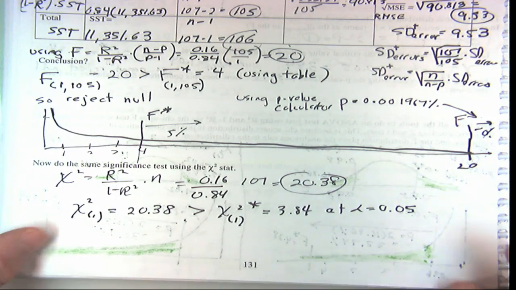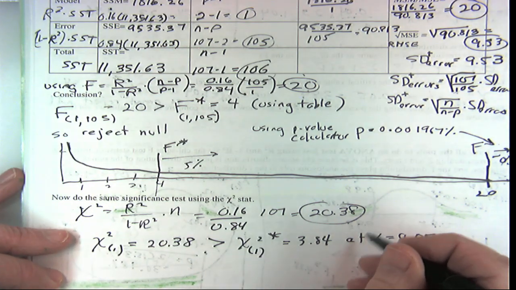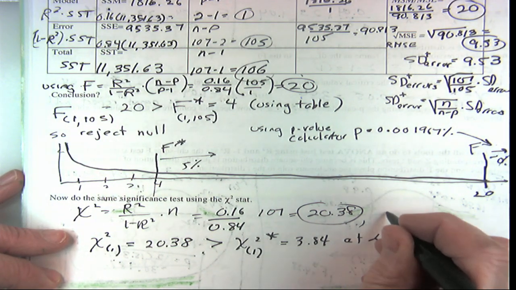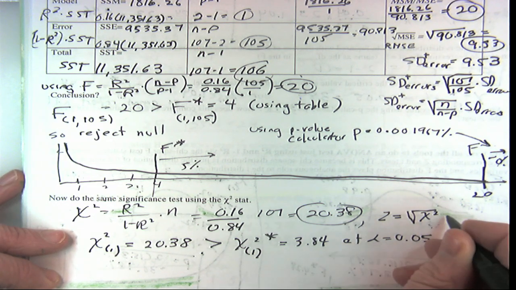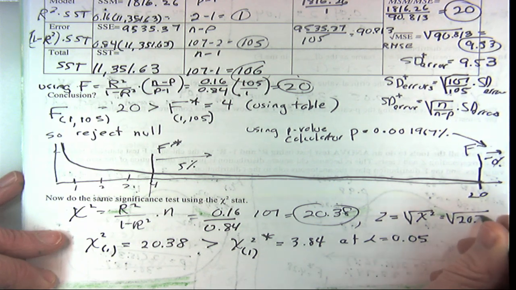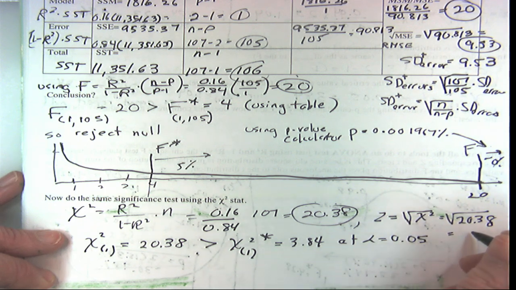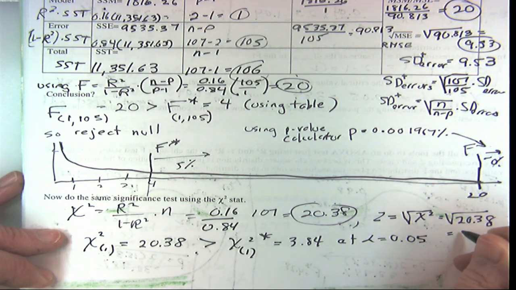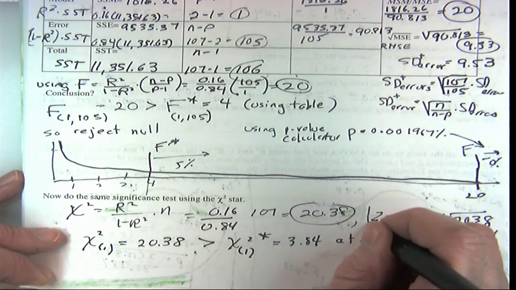Now, one other thing: what if I wanted z? You could say z is equal to the square root of chi-squared. So it would be the square root of 20.38, which is equal to 4.514.